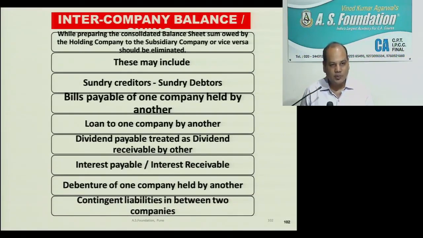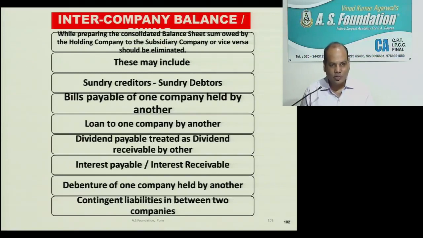Okay, so now what will happen? They are transacting with each other. They are buying and selling goods and services from each other. So now what will happen? In the separate balance sheet of H Limited, S may appear as debtor, and in the separate balance sheet of S, H may appear as a creditor.